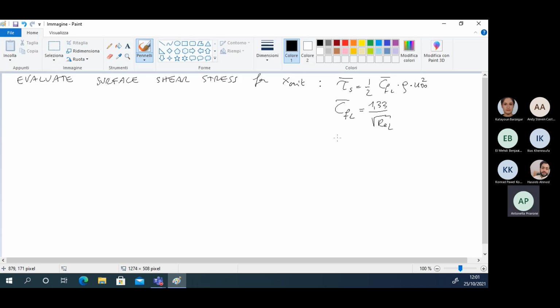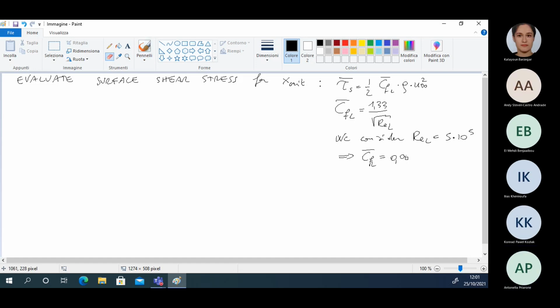We consider Reynolds L equal to 5 times 10 to the 5. So for us, CF L is equal to 0.0000188.